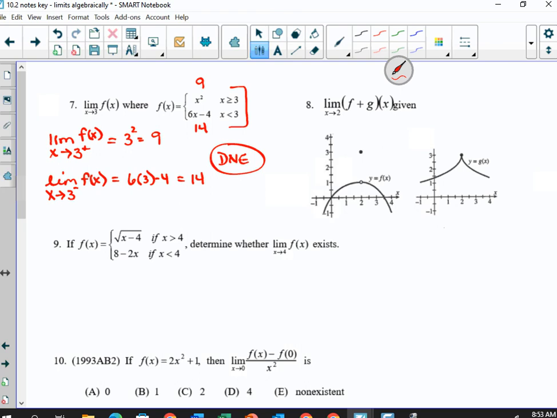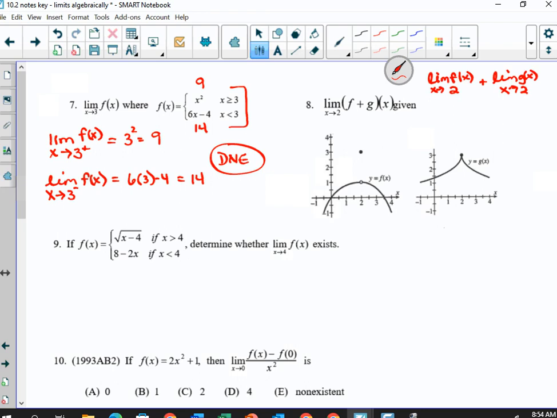We don't have to do any of that right now. We just want to evaluate the 2 of these and add them together. So what we're technically doing is the limit of f of x as x approaches 2 plus the limit of g of x as x approaches 2.